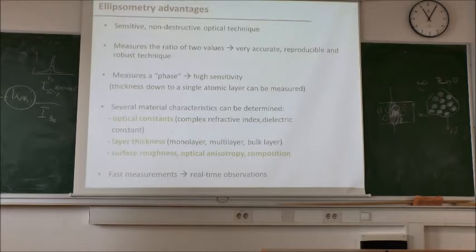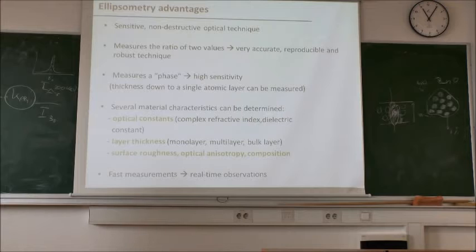For instance, we don't need to use any reference sample, and it is quite insensitive to scatter and fluctuations. Another very important and remarkable advantage is that ellipsometry measures a phase, which is highly sensitive to very thin films. And with this technique, we can measure thickness down to a single atomic layer.